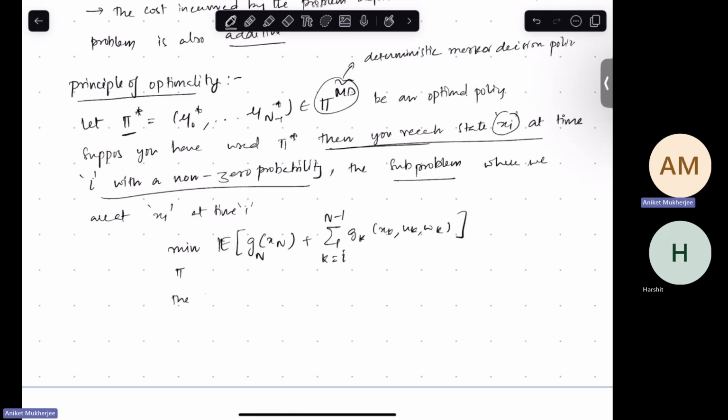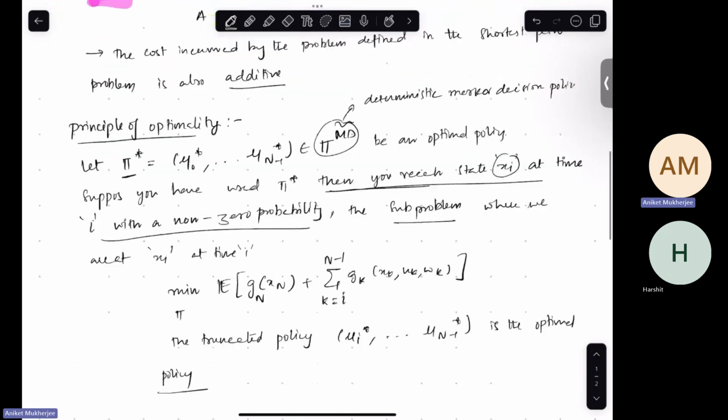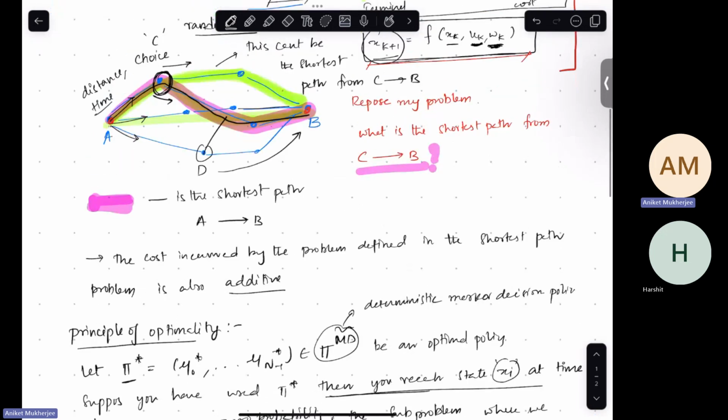Then the truncated policy mu i star, and so on to mu n minus 1 star, is the optimal policy. So this is the statement of the principle of optimality. This is just an observation that we have made: if you know the optimal policy, then for any subproblem in that optimal policy, you just need to truncate your strategies so that you get an optimal policy for the subproblem also.